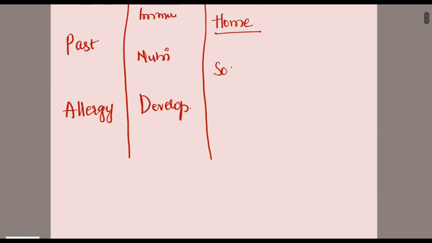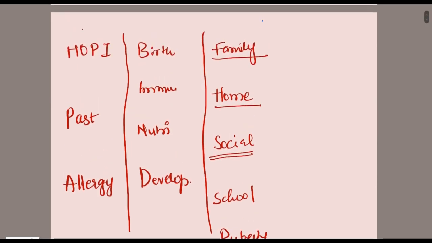Social history you have to elaborate, and psychosocial factors affecting the child, you have to take the history regarding this: social, school and puberty. So history of present illness, past history and allergy history, and birth history, immunization history, nutrition, development, family, home environment, social, school and puberty.